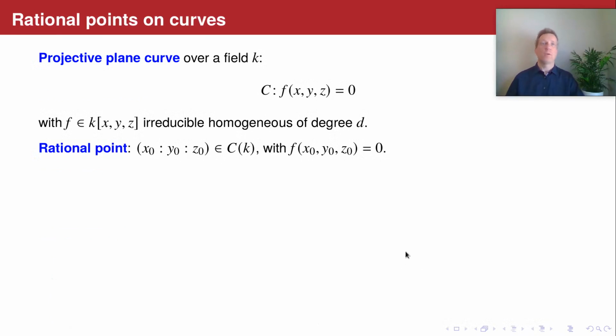Okay, we'll now go to a little bit of the background material. A motivating question in arithmetic geometry is the decision problem of whether or not a variety has a rational point.